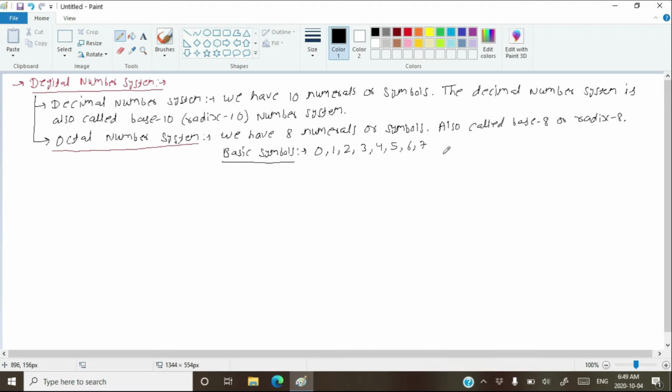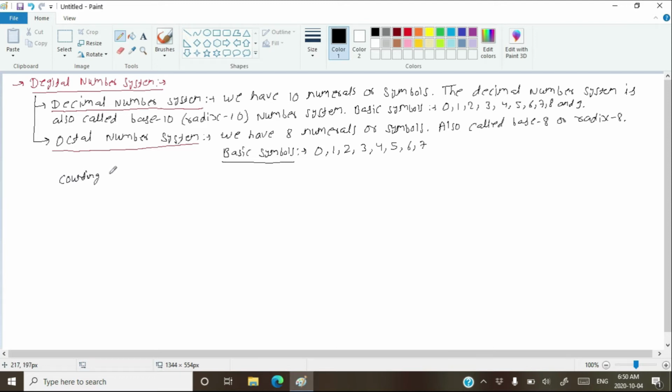Total 8, from 0 to 7. And the basic symbols in the decimal number system are 0, 1, 2, 3, 4, 5, 6, 7, 8 and 9.